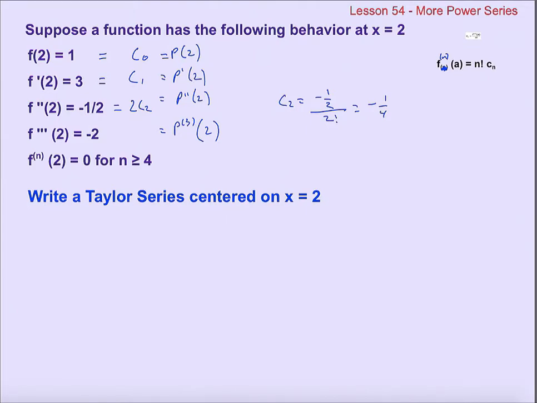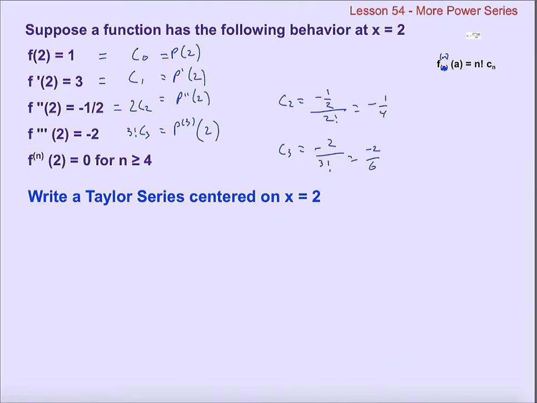So the third derivative of p evaluated at 2 is equal to 3 factorial times c3, which means that c3 by itself would have to equal that negative 2, the third derivative of f, over 3 factorial, or negative 2 over 6.